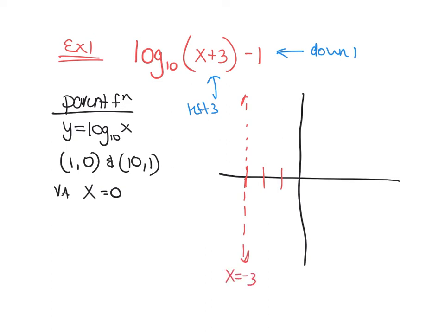Now the point (1, 0), which is typically right there, we need to shift 3 to the left and down 1. So I'm going to count 1, 2, 3, down 1, and now that's here at (-2, -1). So that's one of our new points. And then your other one is typically at (10, 1).